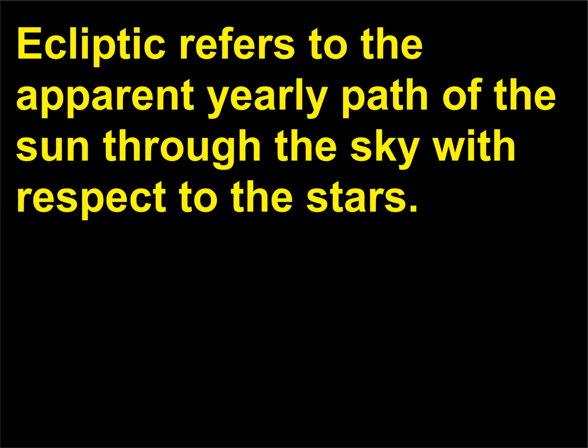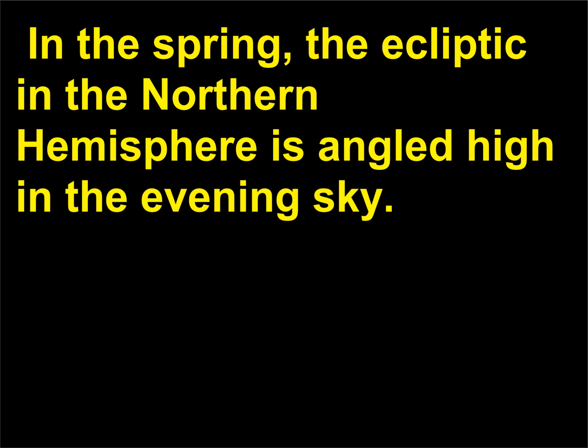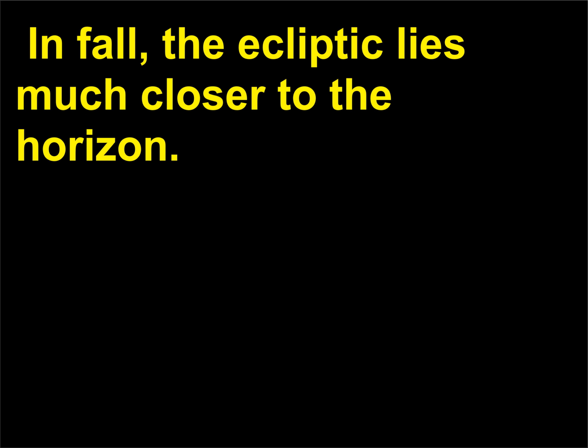Ecliptic refers to the apparent yearly path of the Sun through the sky with respect to the stars. In the spring, the ecliptic in the northern hemisphere is angled high in the evening sky. In fall, the ecliptic lies much closer to the horizon.